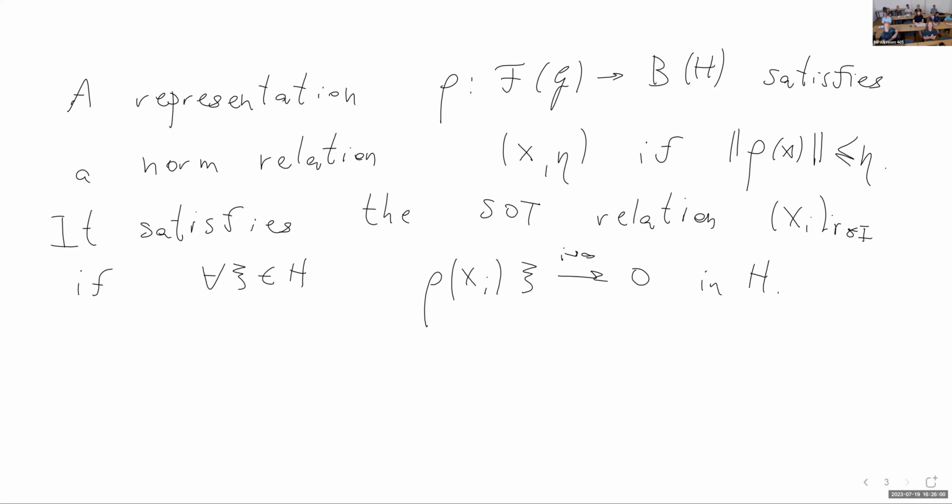Okay, so we want to build the C*-algebra given a set G, certain norm relations and certain SOT relations.